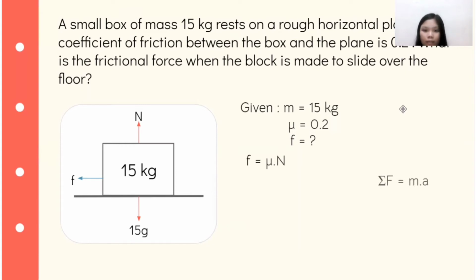Since we don't know N, we need to find N with the formula sigma F equals m times a, or mass times acceleration. N minus 15g, this is the N and the 15g, equals 15 times 0. Why is the acceleration 0? Because this box is not moving at all, so the acceleration is 0.